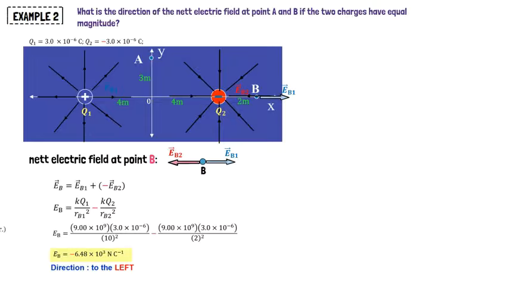So, dalam you punya substitution untuk nilai Q2, jangan you tambah lagi negative 3. Boleh? And then, after calculation, the total electric field at point B is equal to negative 6.48 times 10 power of 3 Newton per Coulomb. And since the answer is negative, means that the direction of the net electric field at point B is to the left.